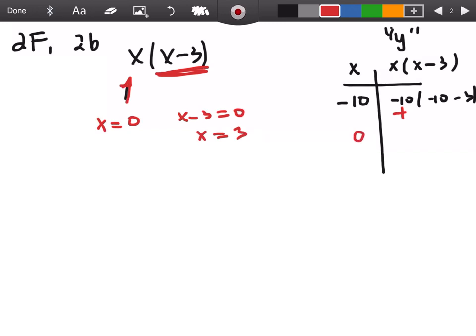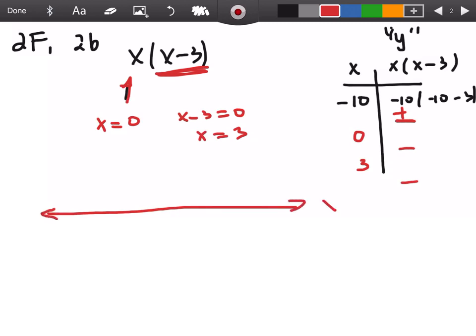So 0 and 3. We already know that to the left of 0, when numbers are negative, the function is positive. We don't know what's going on in the other regions. Rather than writing it this way, sign diagrams are typically written horizontally.